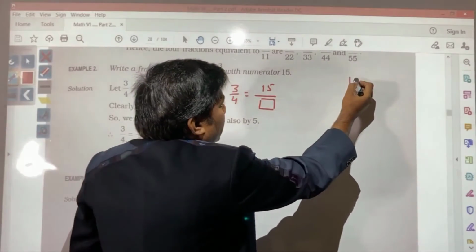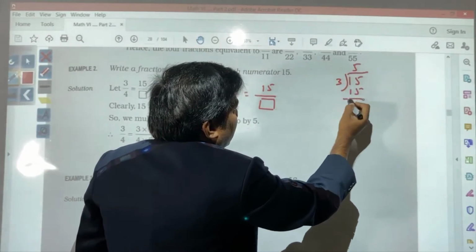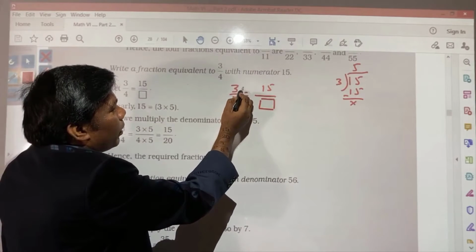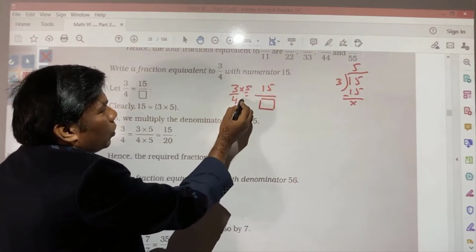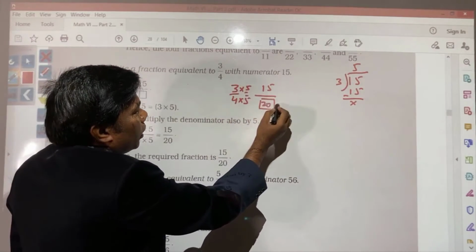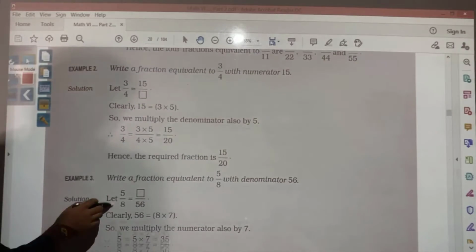When 15 is divided by 3, what do you get? 5. It means 5 has been multiplied with 3. So the denominator also should be multiplied by 5. 5 fours are 20. So your answer will be 20.